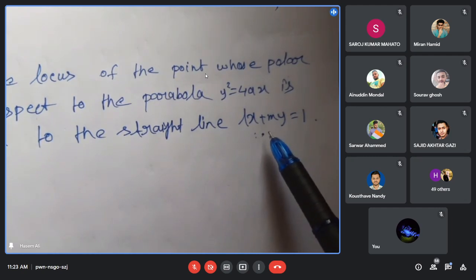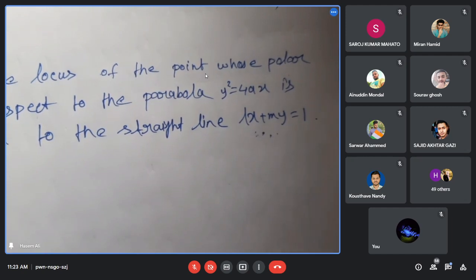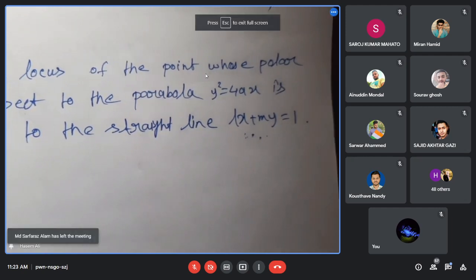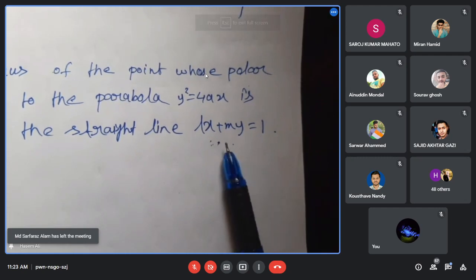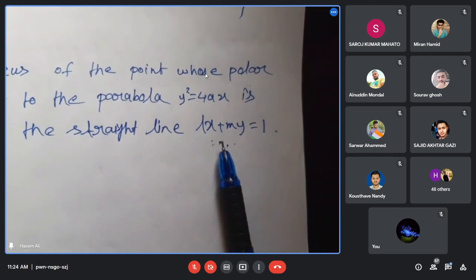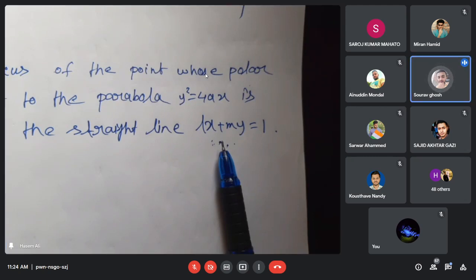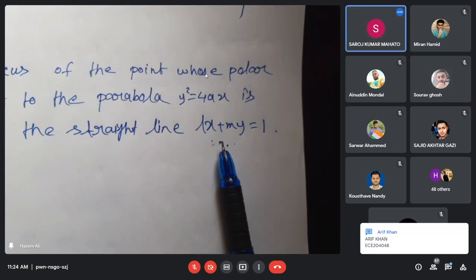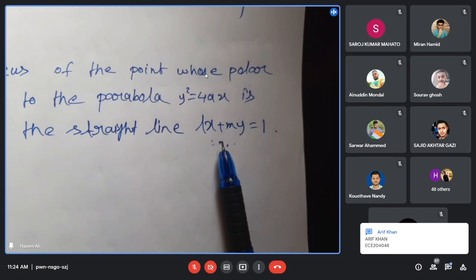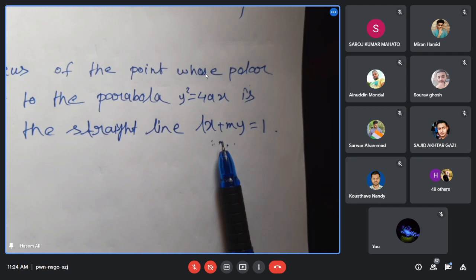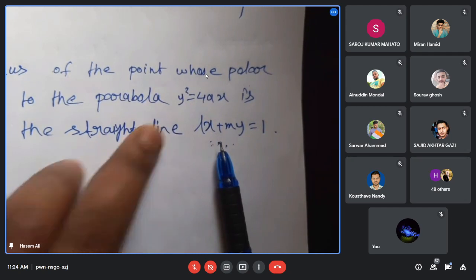What is the equation of a straight line parallel to this line? Sir, lx plus my equals k. Yes, lx plus my equals k. So this is our polar with respect to this parabola.